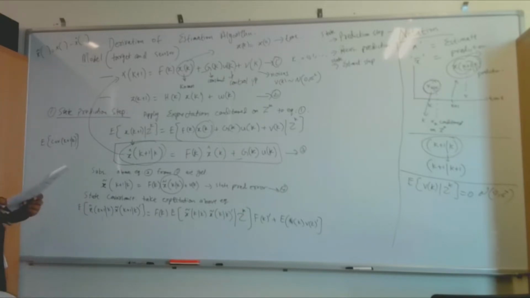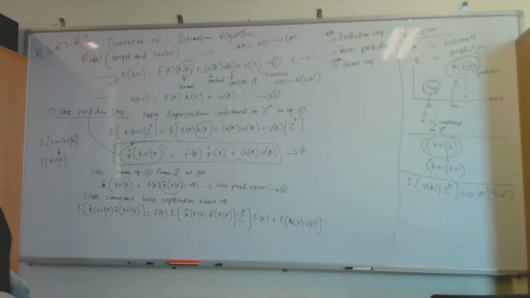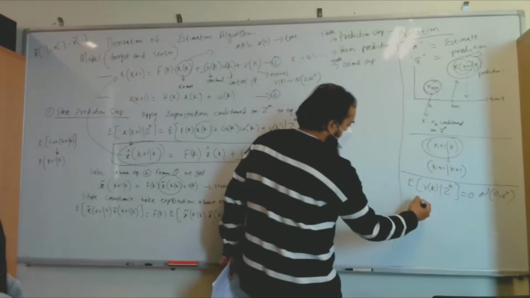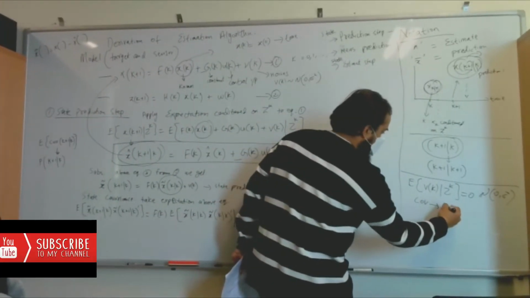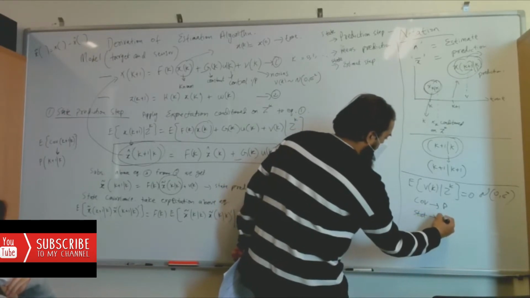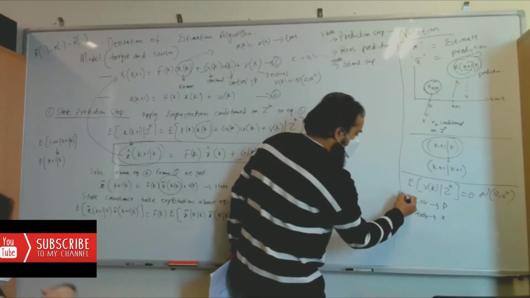So what is the result of this one? We have already denoted this as a covariance P. Okay, we have denoted the covariance with P and the state with X. This is the state and this is the state covariance.